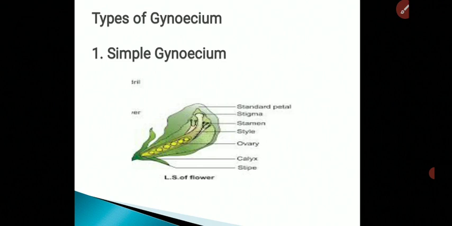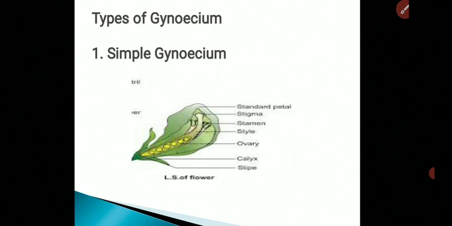It is also known as monocarpellary gynoecium. It is found in clitoria, or butterfly pea. We see that only one ovary is there, that's why this gynoecium is called a simple gynoecium, or it is also called a monocarpellary gynoecium.